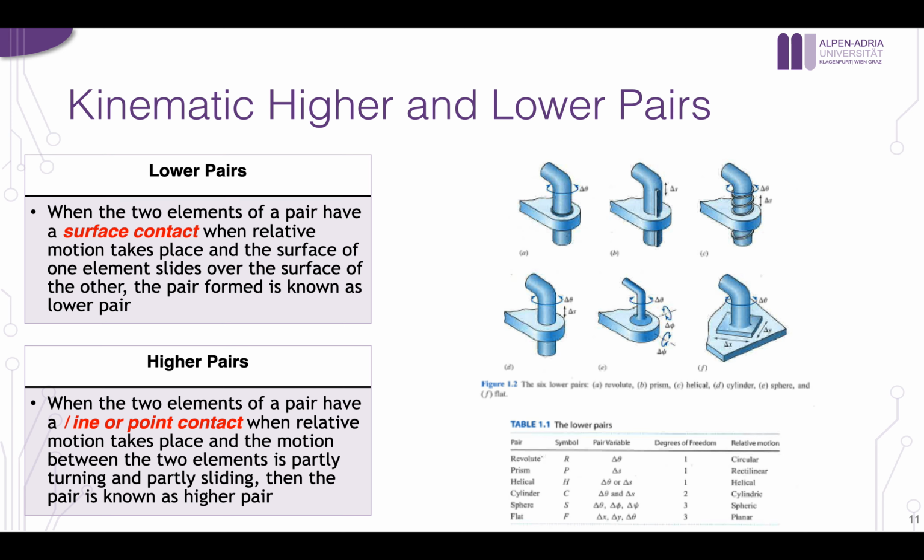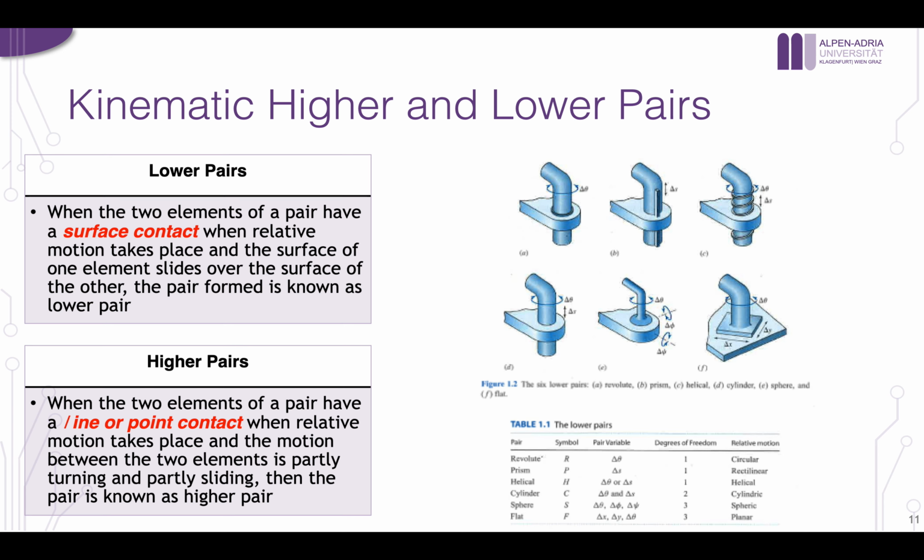So what are lower pairs? Lower pairs are when the 2 elements of a pair have a surface contact when relative motion takes place. What is important to know about this definition is that there is a surface contact between 2 links, and the surface contact is the joint itself.